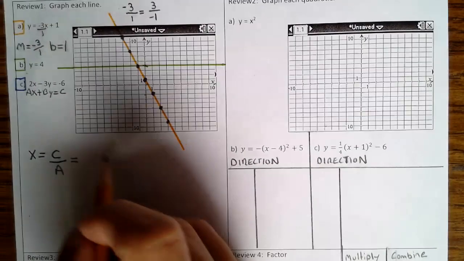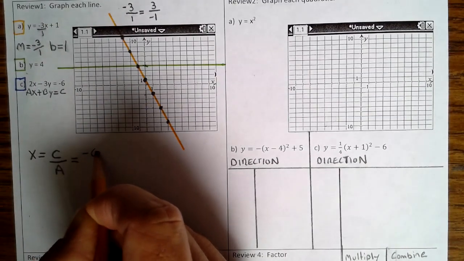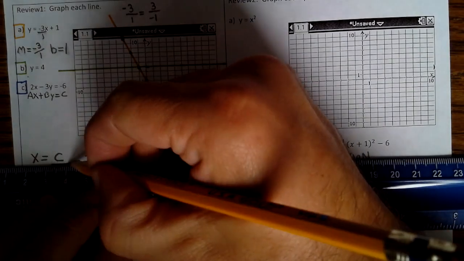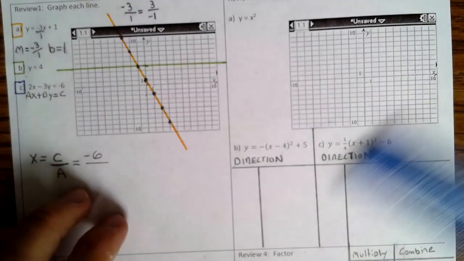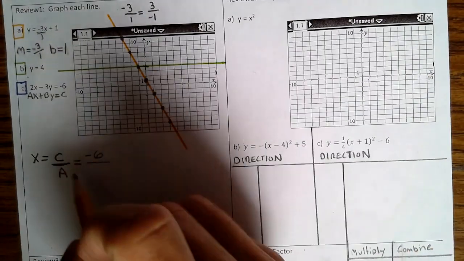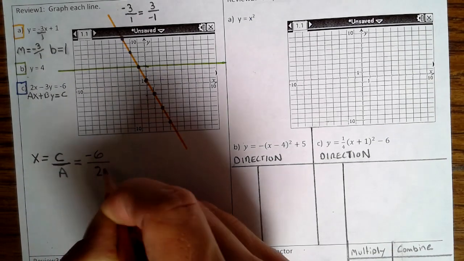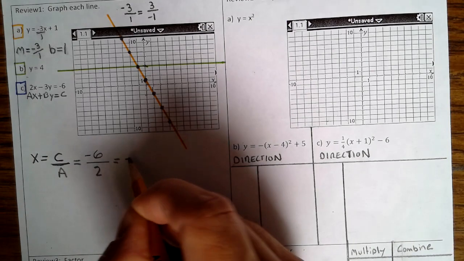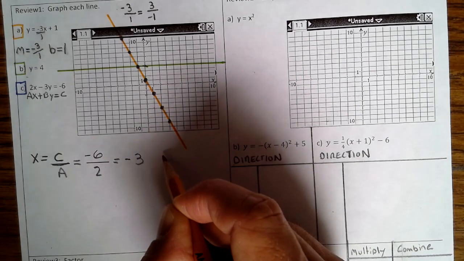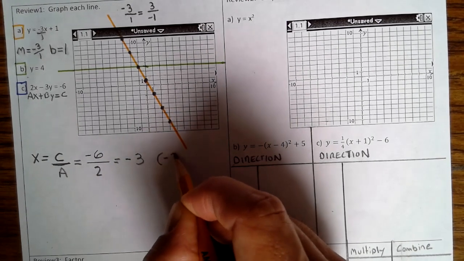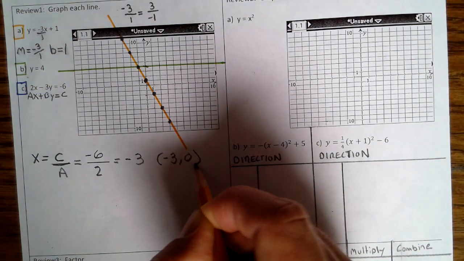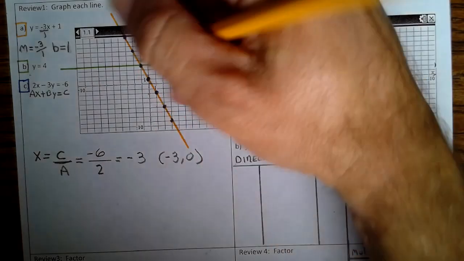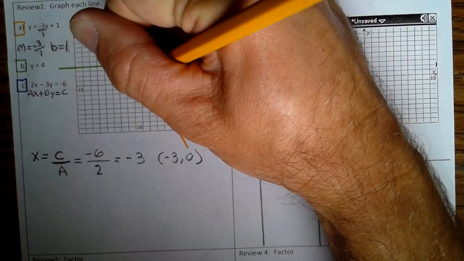So c is negative 6 divided by a, which is 2. So negative 6 divided by 2 is negative 3. So your x-intercept is negative 3, comma 0. Okay? So we have a dot at negative 3.